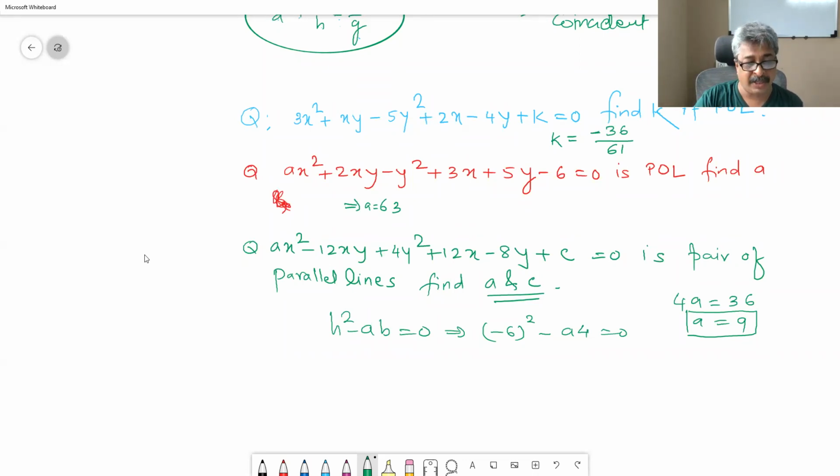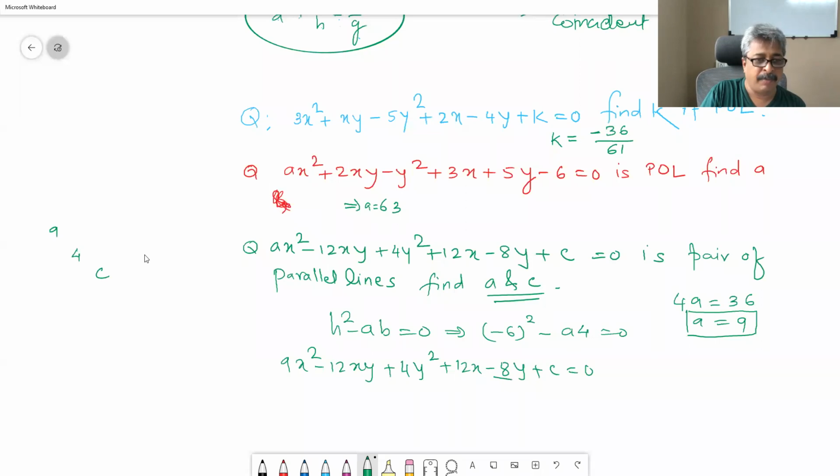So now parallelness is gone. If you put a is equal to 9, 9x square minus 12xy plus 4y square plus 12x minus 8y plus c is going to be a parallel line, and if it is supposed to be POL, then we should have a is 9, b is 4, c is c, f is minus 4, g is 6, and h is minus 6. The determinant should be 0.